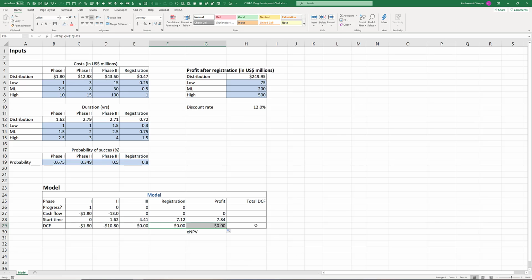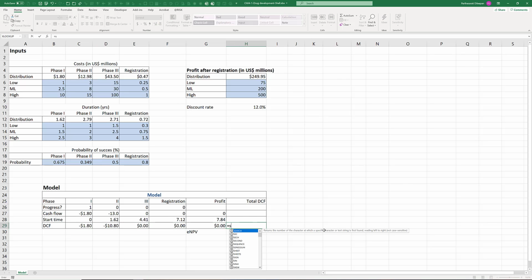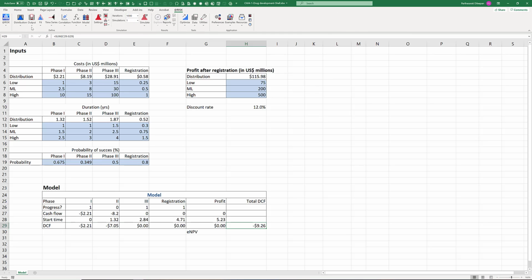All right. So all of these values are discounted to the beginning of phase one. So the total discounted cash flow is nothing but simply the sum of all that. Okay. Now we need to set this to be an output cell.